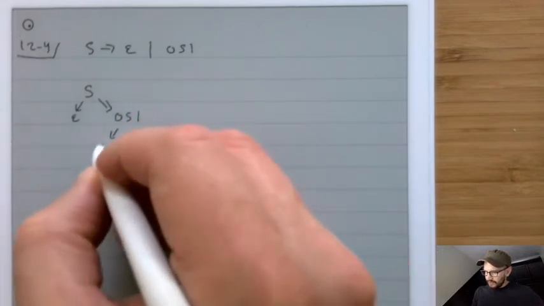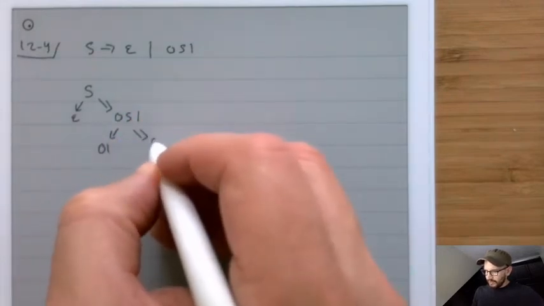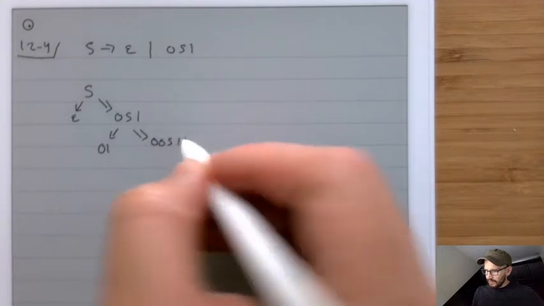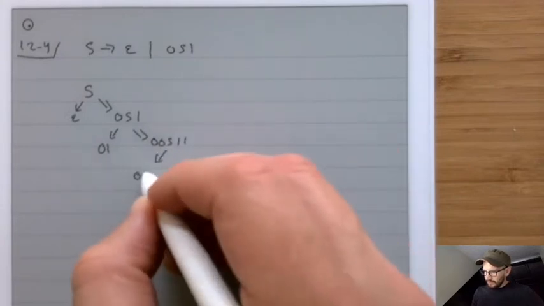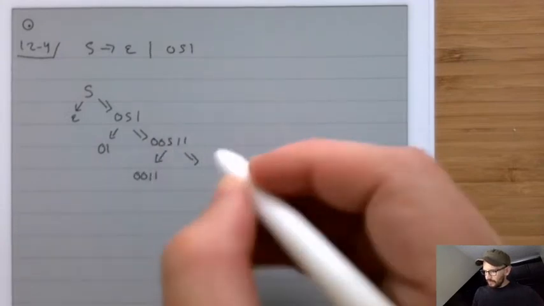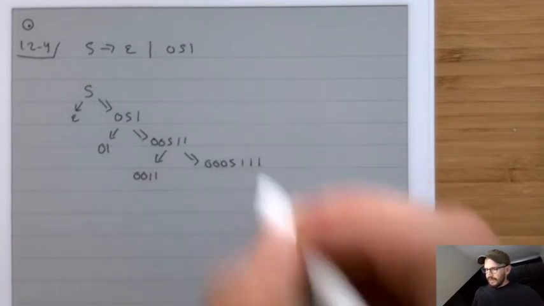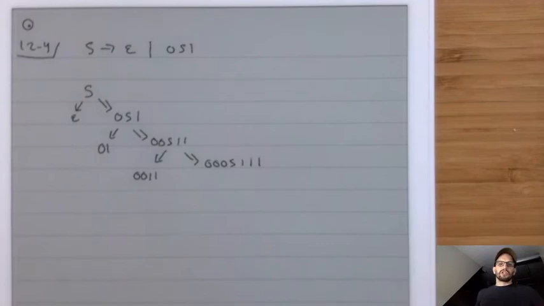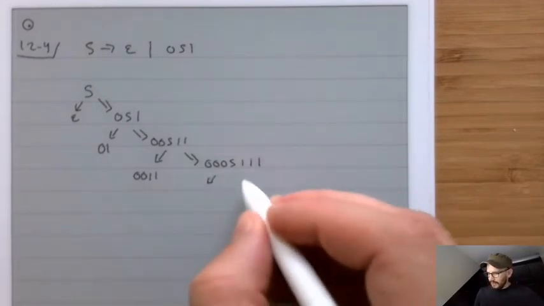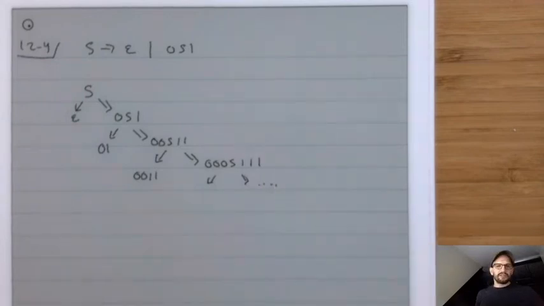And then it goes to 01, or it goes to 00S11. Then it goes to 0011, or it goes to 000S111. And as you can see, this structure keeps repeating.